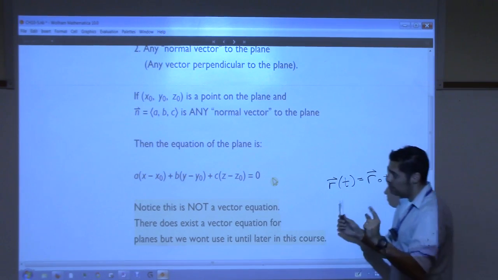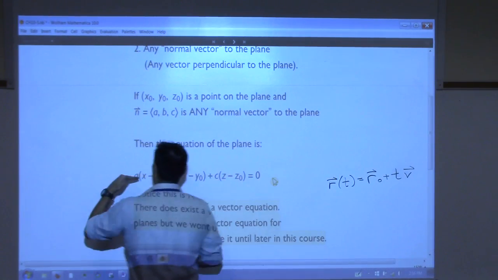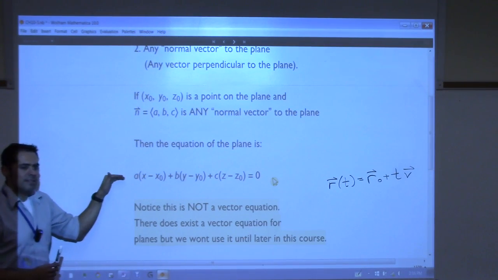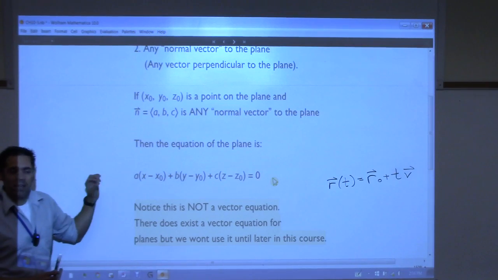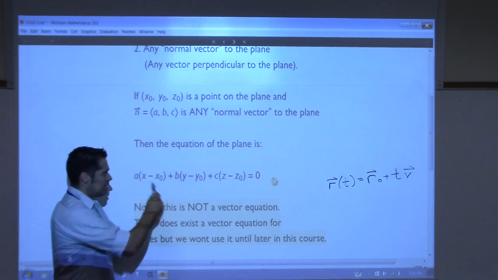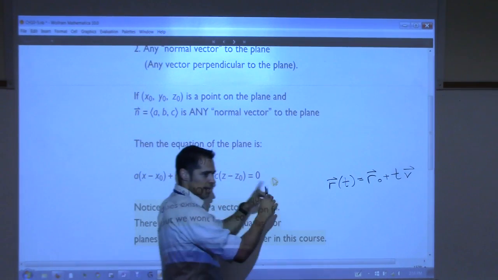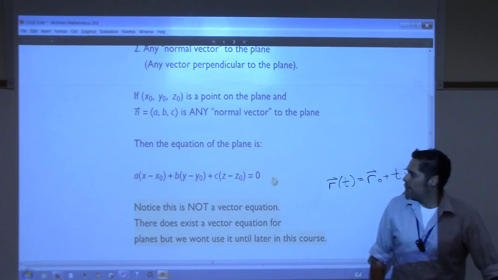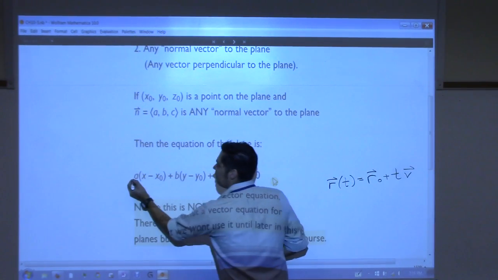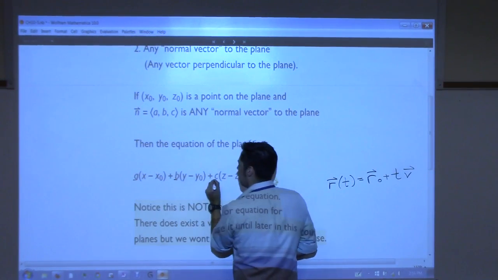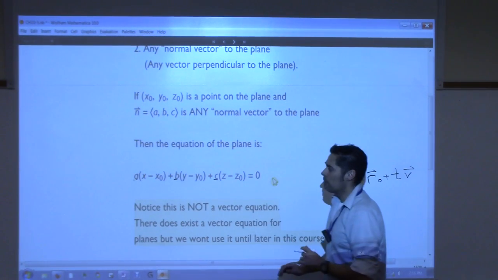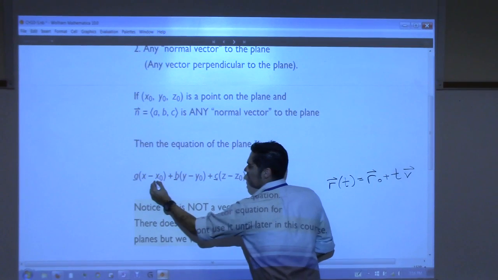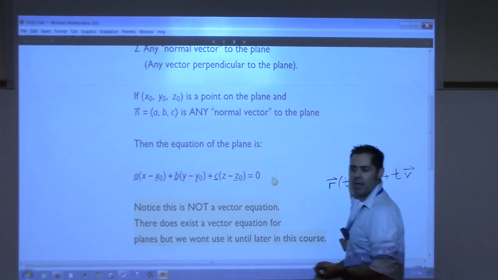With planes, what we're doing right now, our formula is not. It's an equation of a plane, and it doesn't have any vectors in it. Let's see any vector notation here? No? Angle brackets? No? Now, the A, the B, and the C, those numbers do come from a vector. It comes from the normal vector. The x naught, y naught, z naught is just a point on the plane.